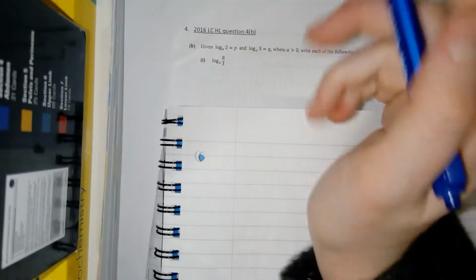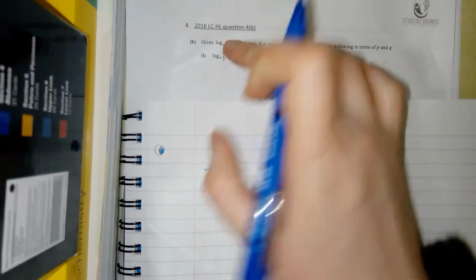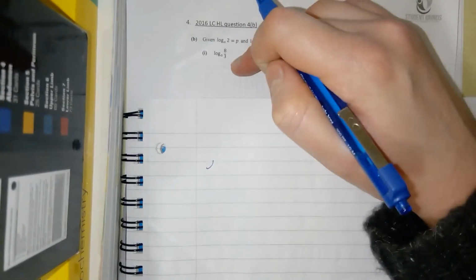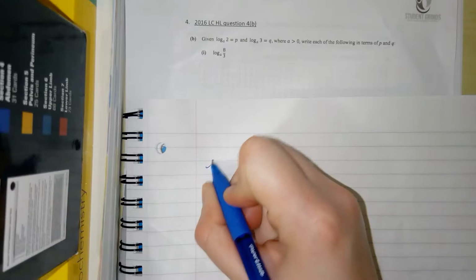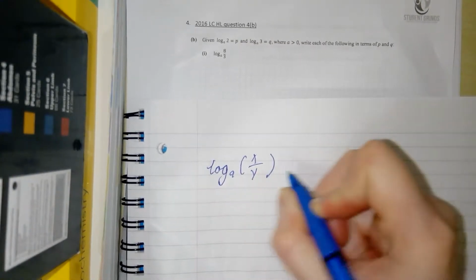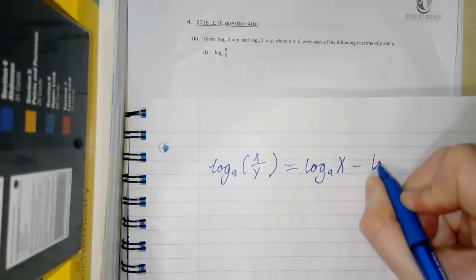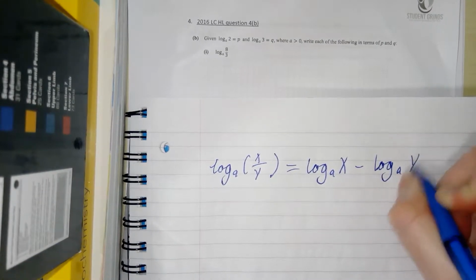The log rules are in our log tables. When we have one number divided by another number, log a of x over y is equal to log a x minus log a y.